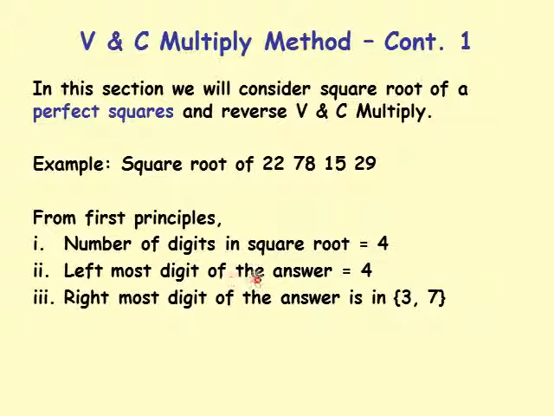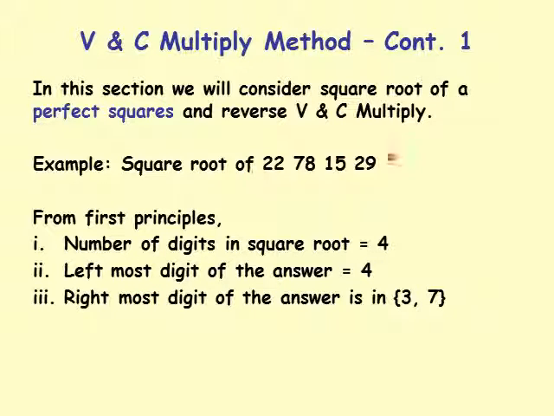We know the leftmost digit of the answer comes from the square tables, and we use 22 to compute it. That's 4, because 22 is between 4 squared, which is 16, and 5 squared, which is 25. So we use the lower number of 4 and 5. So 4 is my left digit here.